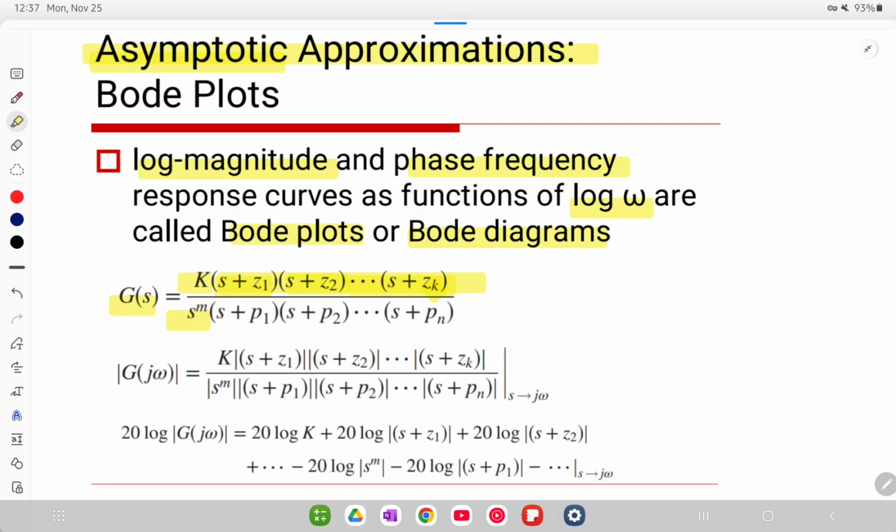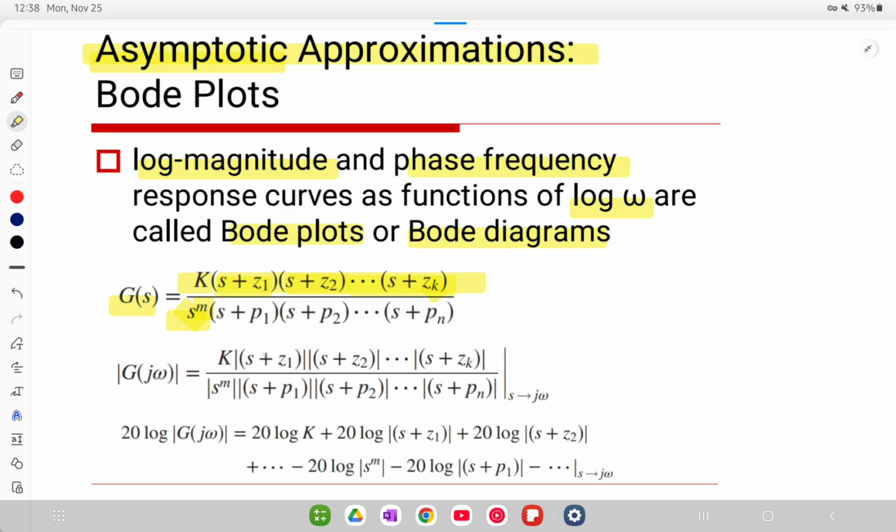If it's 0, S to the 0 is 1, and that 0 tells it is a type 0 system. If you have a 1, then there's only S to the 1, which is S, and then it is a type 1 system, and etc. So we've been mainly dealing with S to the 2, which is a type 2 system.